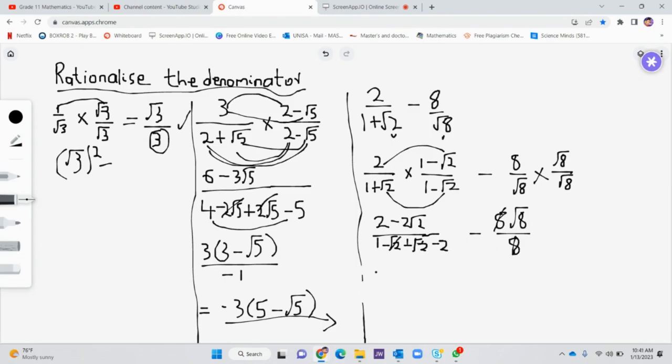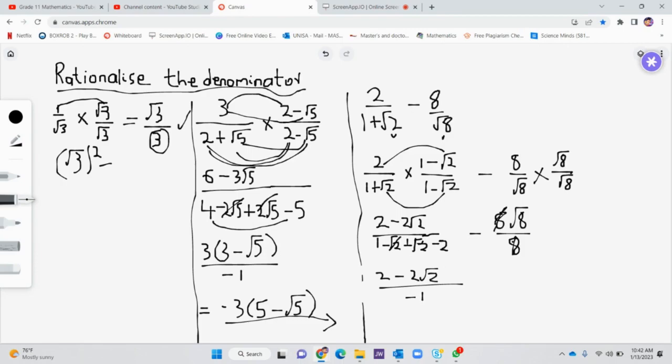So we're going to have 2 minus 2 root 2 over 1 minus 2, which is minus 1.